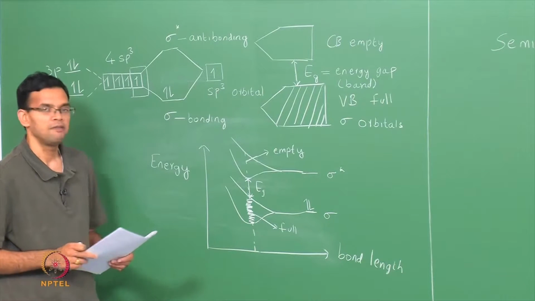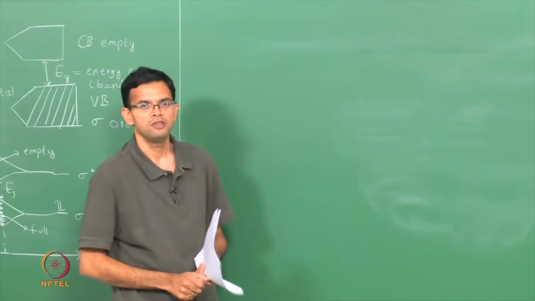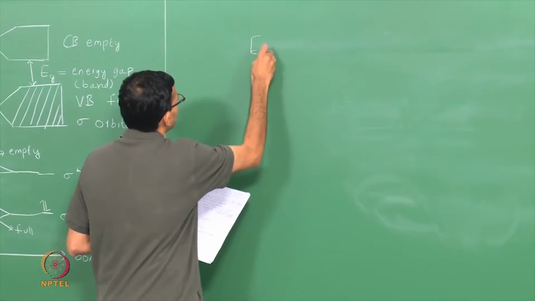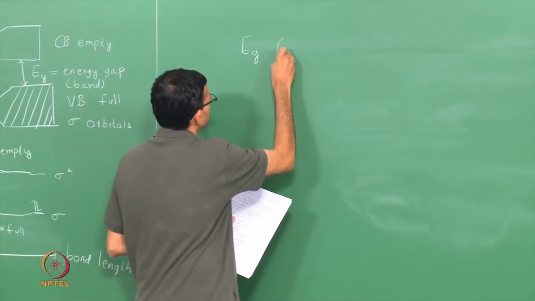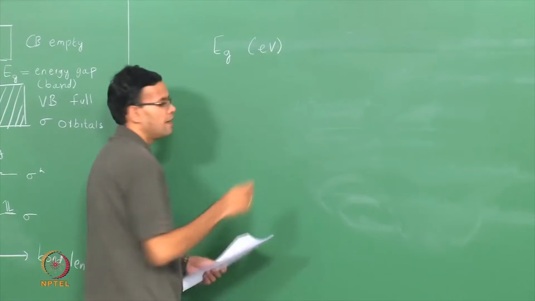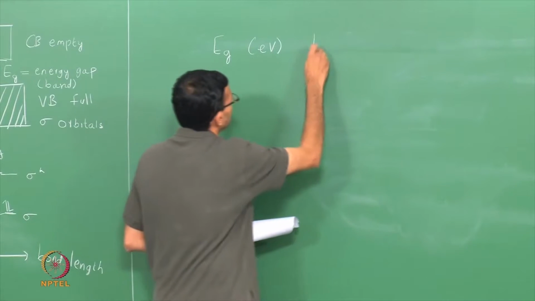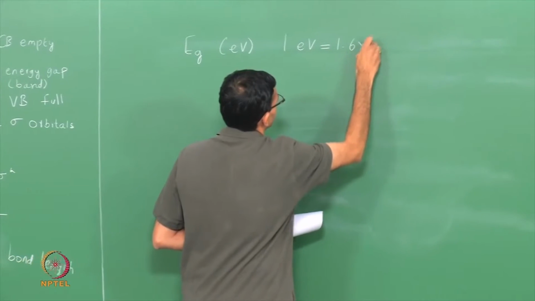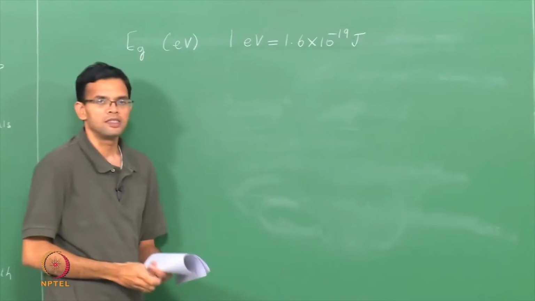What are some typical values for band gap? Let us write down some typical values for band gap. Eg, the units for this are in electron volts, and as we saw yesterday, electron volts is related to joules. 1 electron volt is nothing but 1.6 times 10 to the minus 19 joules.